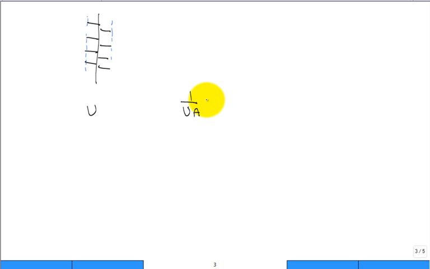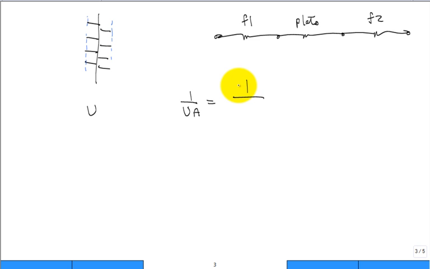And that resistance is in 3 little series. It comes out of fluid 1, goes through the plate by conduction, and then into fluid 2. So the resistance for getting out of fluid 1 and getting into the solid so it can be conducted through the plate is 1 over ηhA.